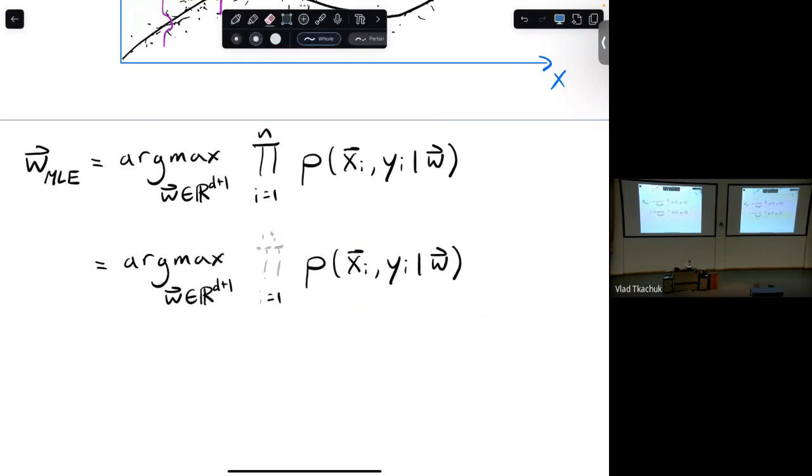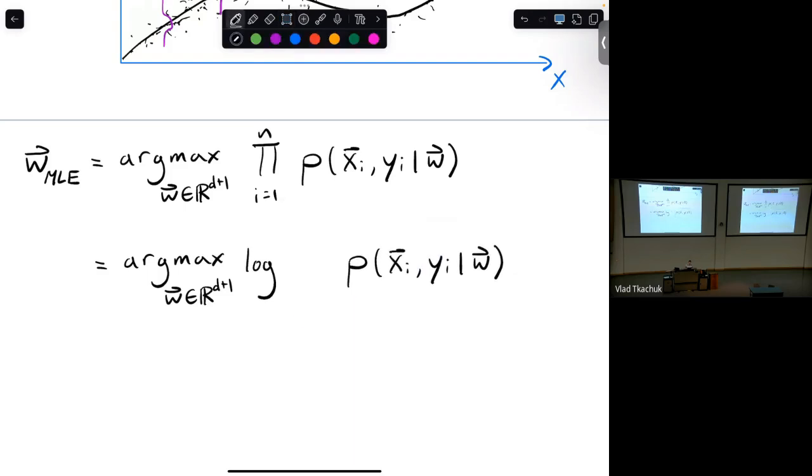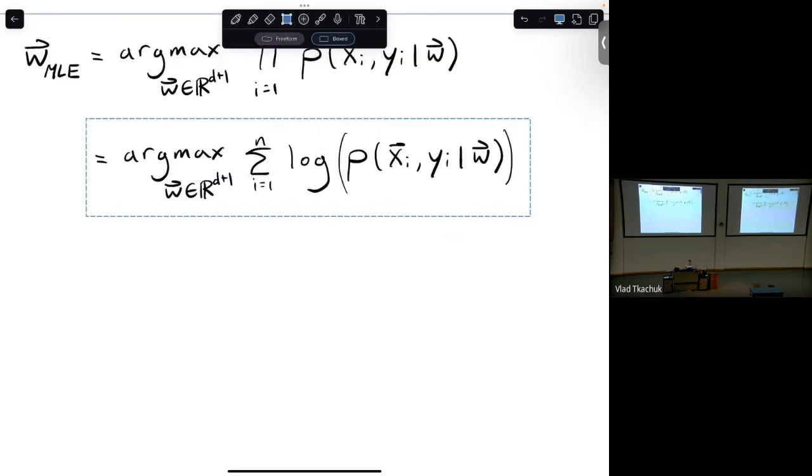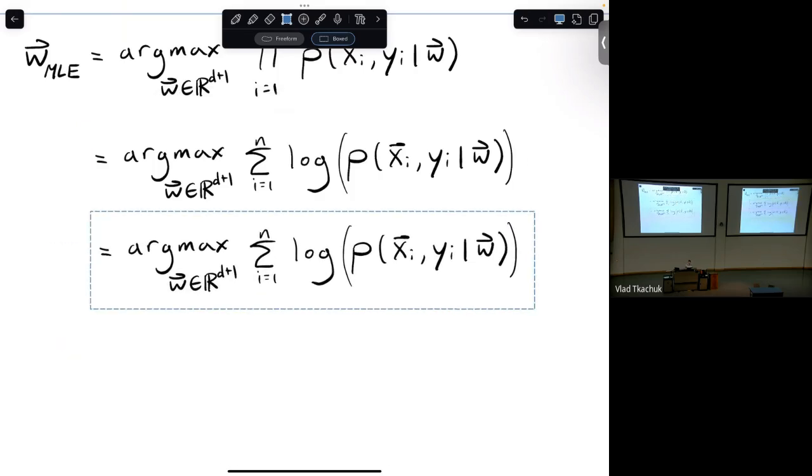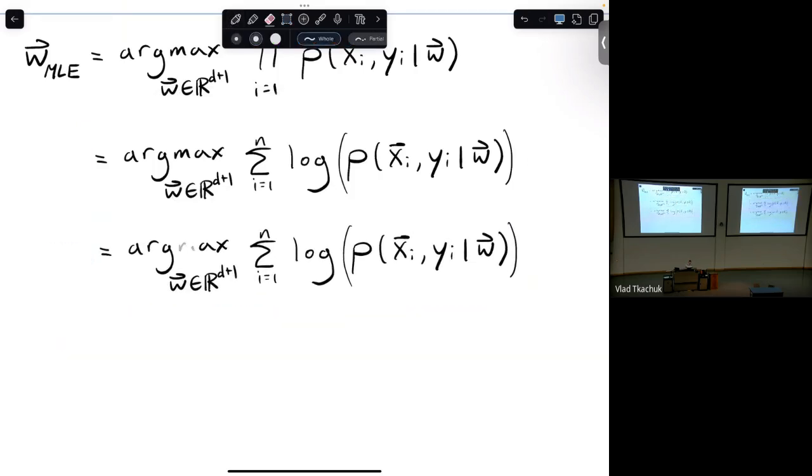You remove the product, apply the log, the max stays the same, and now you have the sum from i equals 1 to n of the logs of this. Then you take the negative to get the negative log likelihood, and the max changes to a min.